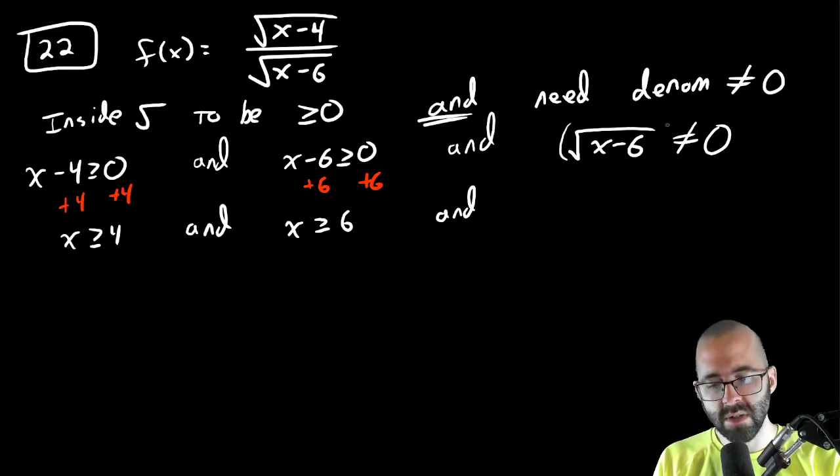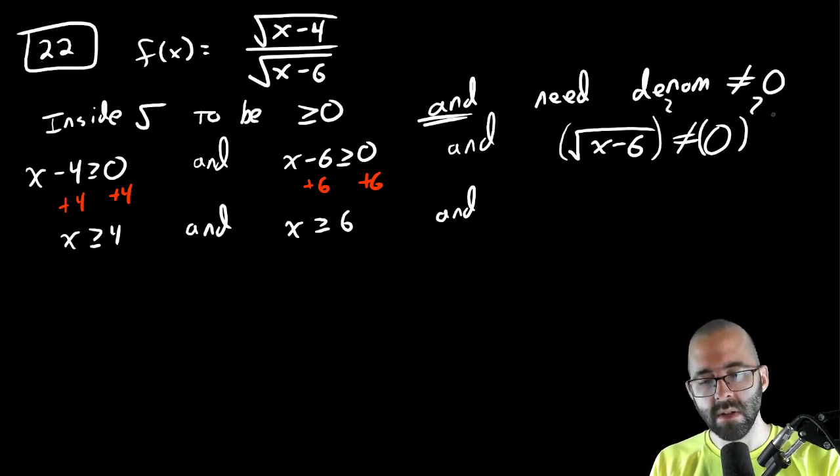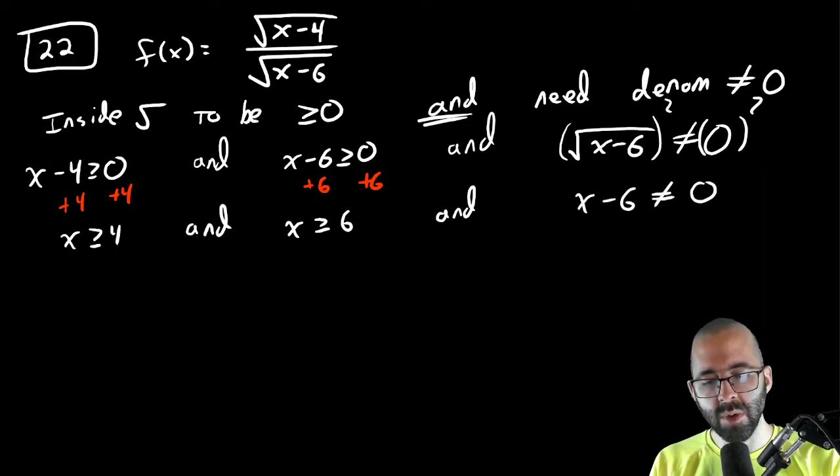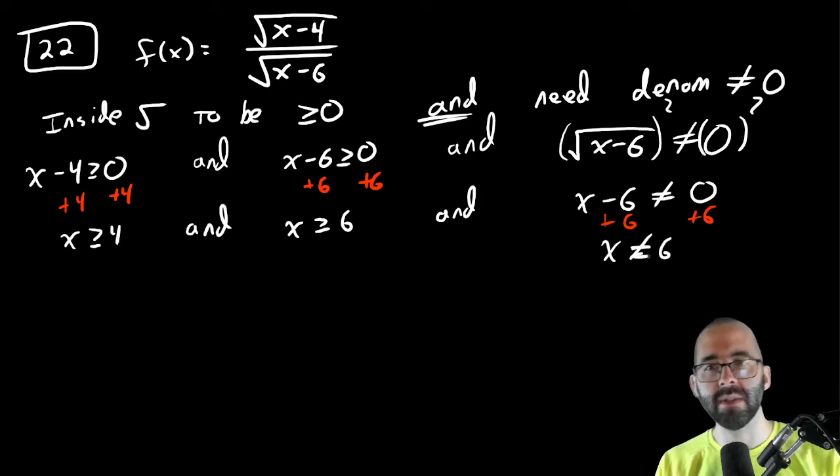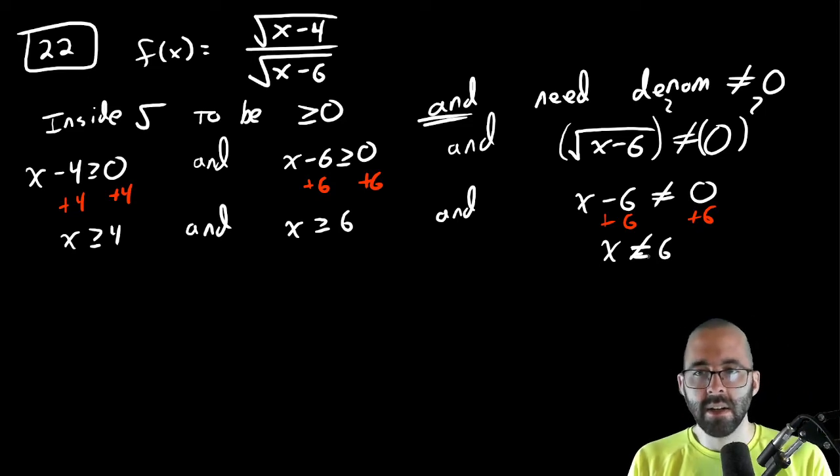What we're going to do is square both sides. We're going to get x minus 6 can't equal 0 squared. Add 6 to both sides, and we're going to get that x cannot equal 6. So these are the 3 requirements. Let's put all of these on a number line.